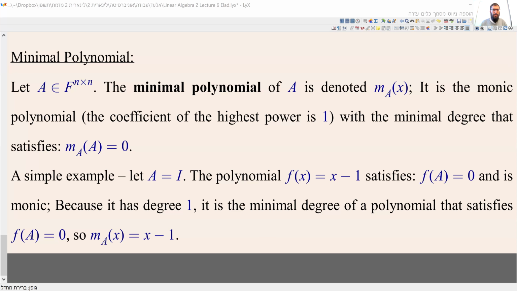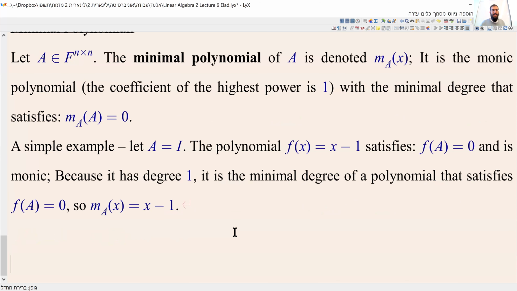So we continue to discuss the notion of a minimal polynomial. First of all, I want to give you one simple and effective proposition. We need to say that explicitly: every matrix does have a minimal polynomial. It's something that always exists.